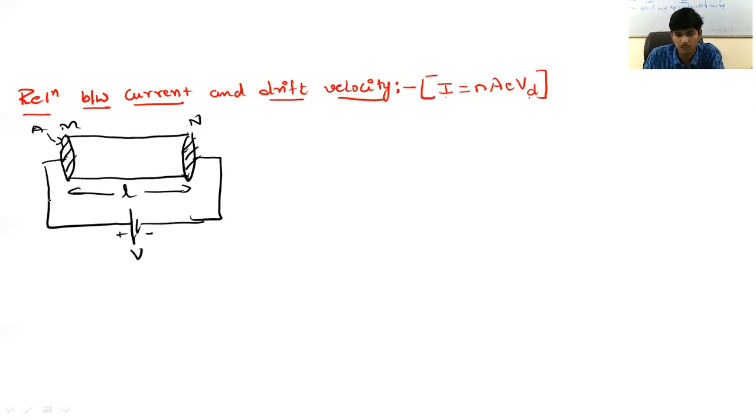This is the positive and this is the negative terminal of the battery. I is the current flowing through the conductor. Conventional current always flows from higher potential to lower potential, that is from the positive terminal of the battery to the negative terminal of the battery.